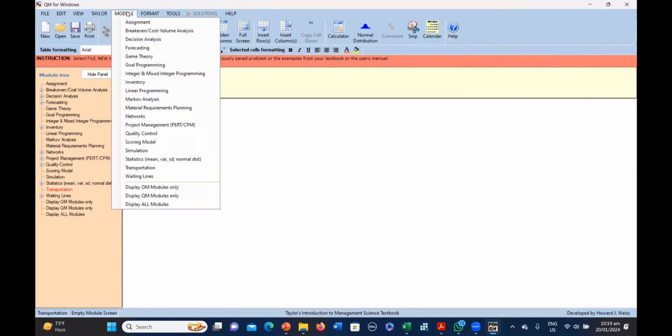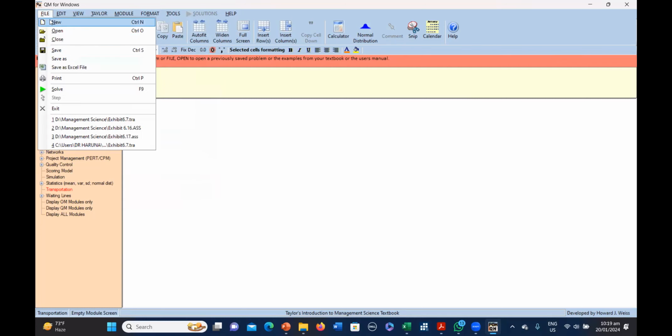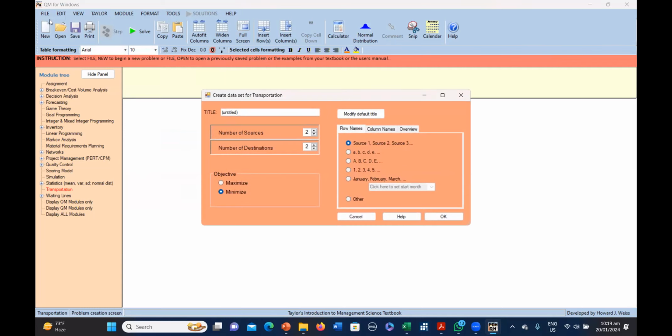Once you select transportation, then new, it will bring up the same interface.